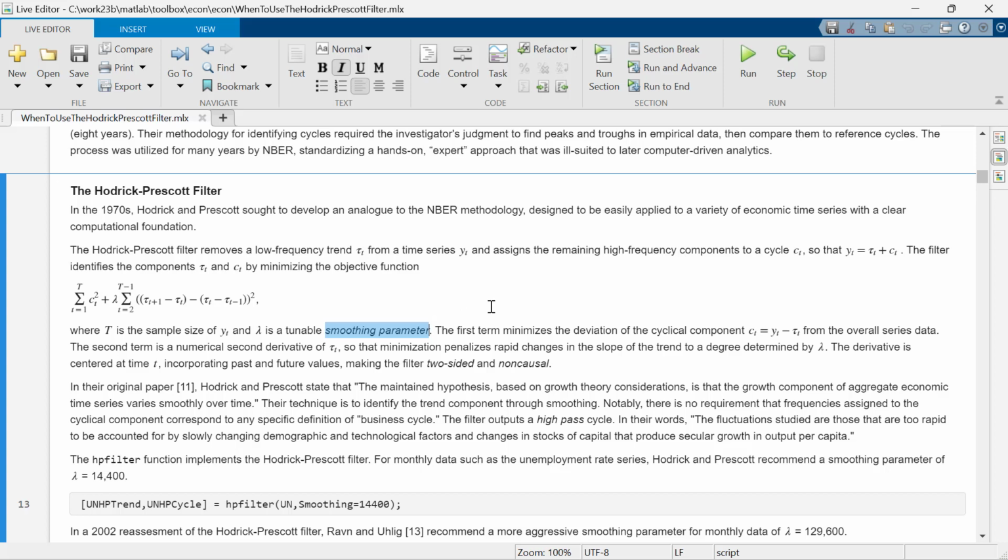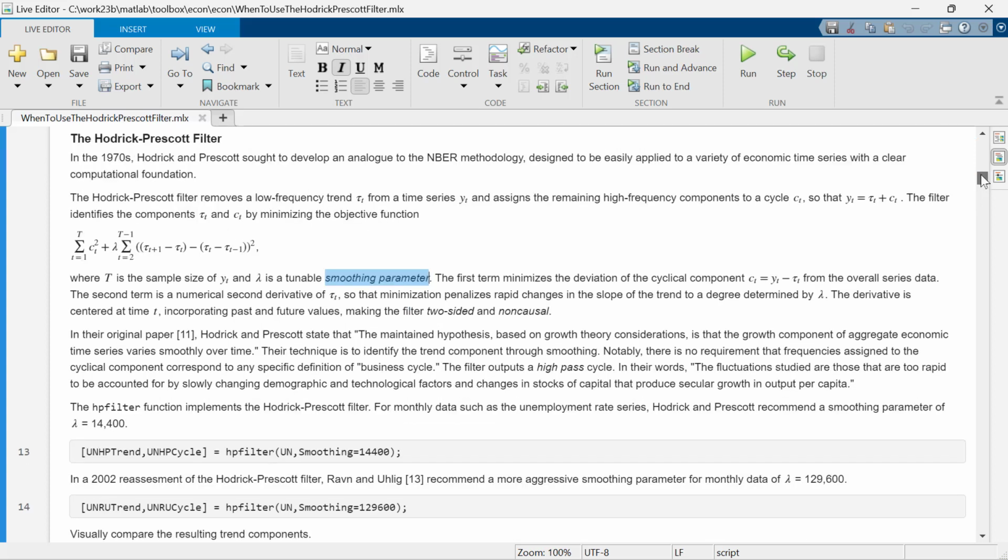The help and documentation for the Hodrick-Prescott filter in Econometrics Toolbox offers some suggestions for smoothing parameters that are recommended by different researchers for data with different periods, whether it's quarterly, annual, monthly, etc. But you can play around with it too in the documentation by tuning the smoothing parameter, and seeing the different kinds of trends that you get.